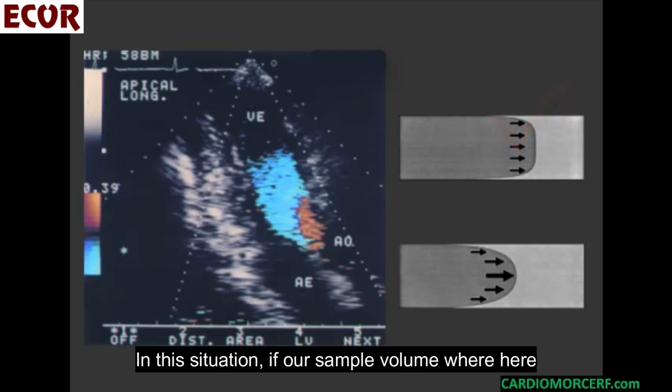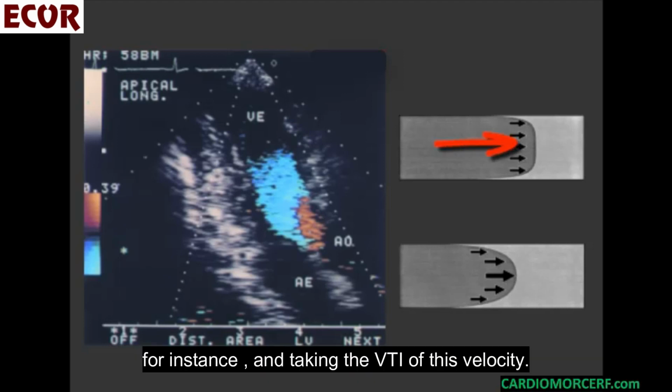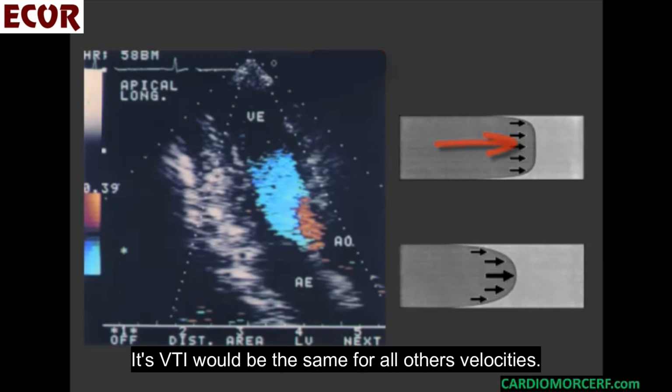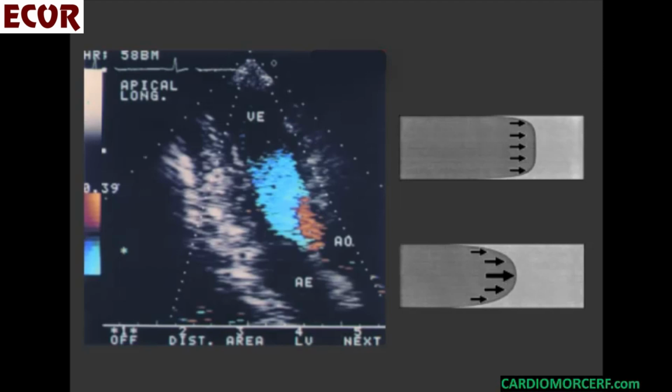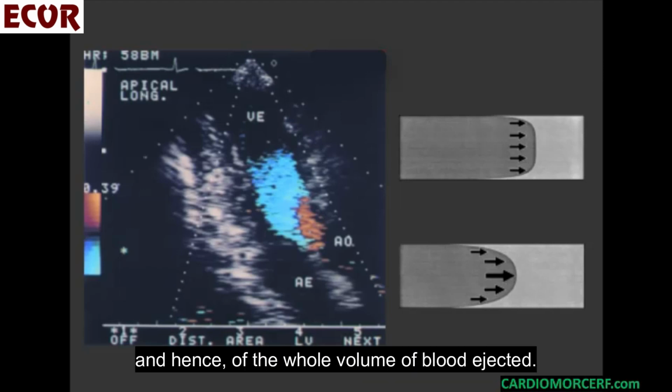In this situation, if our sample volume were here, for instance, and taking the VTI of this velocity, its VTI would be the same for all others' velocity and an accurate height of the cylinder, and hence of the whole volume of blood ejected.